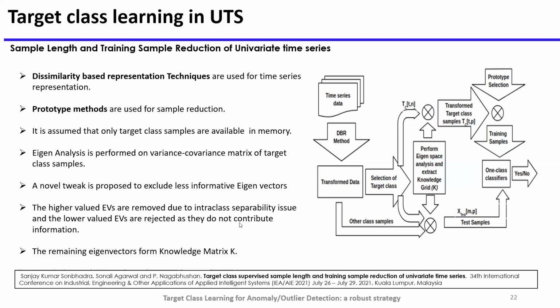So in this way, this particular work can be divided into three parts. The first one is data representation, or vector representation, of the univariate time series. The second one is the selection of the most promising prototypes guided by the target class itself.